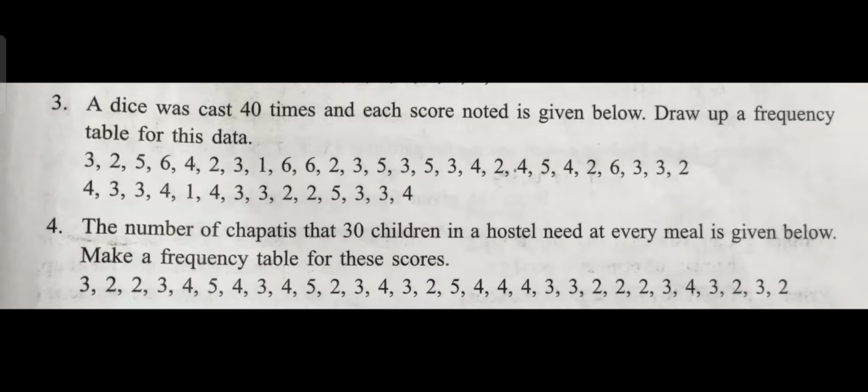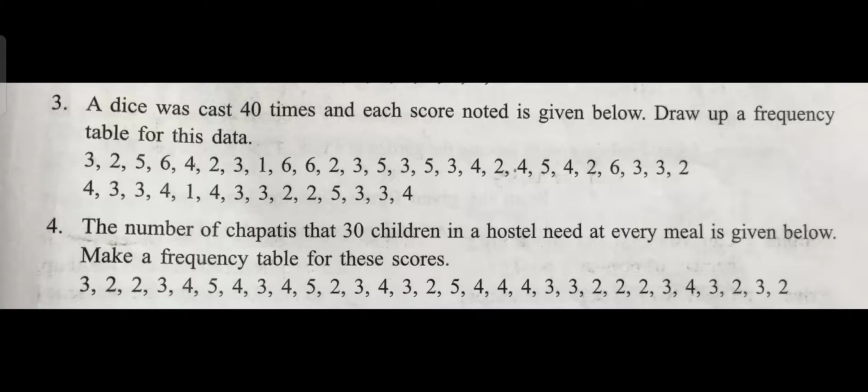Okay, fourth one is the number of chapatis that 30 children in a hostel need at every meal is given below. Make a frequency table for these scores. Now they have given the number of chapatis that 30 children in a hostel need at every meal. So they have given the numbers.